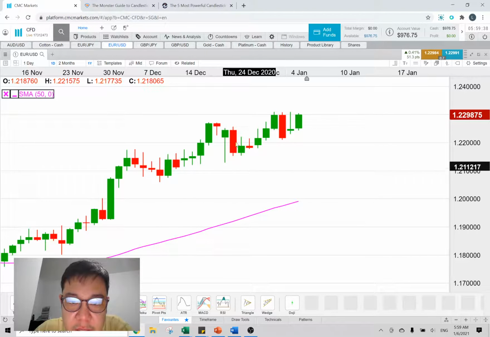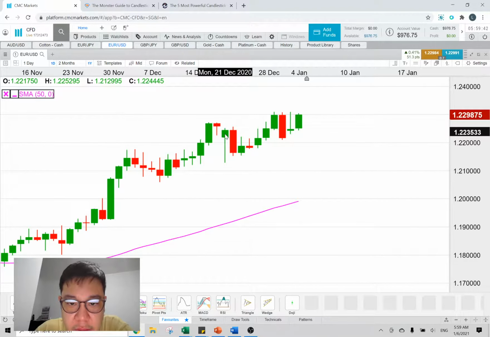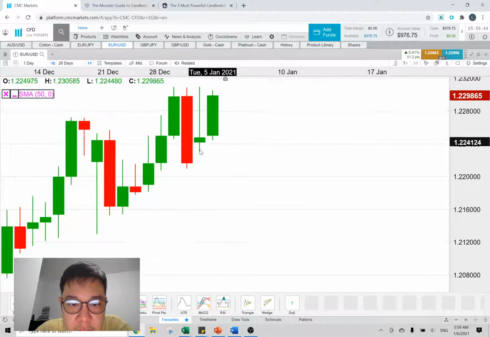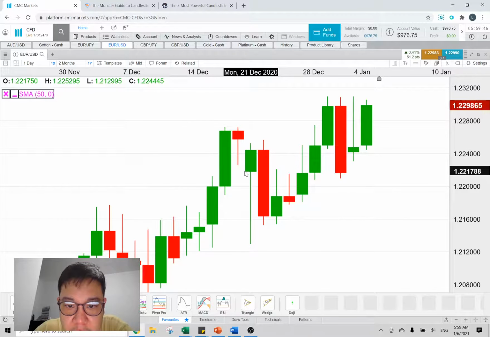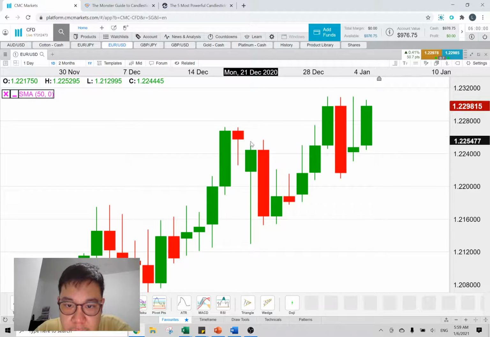So if you see a hammer, one of the hammers, basically this one, the green bar, it started here, at the bottom left of the rectangle, and then went all the way down, and then went all the way up and then closed here.